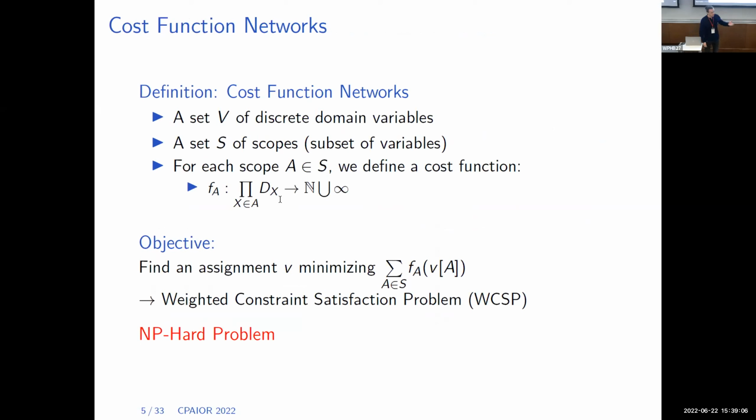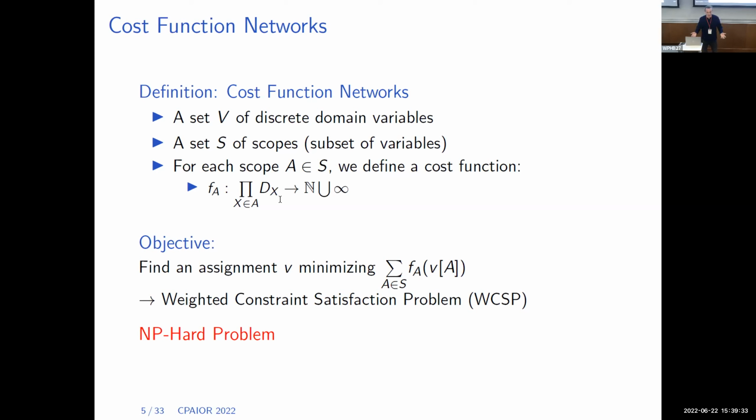To define a cost function network, we have a set of discrete domain variables. Once again, we have a set of scopes, and for each scope we associate a cost function that associates to each tuple inside the scope a positive integer cost that can be plus infinity. As I said before, the infinite cost corresponds to a forbidden assignment.